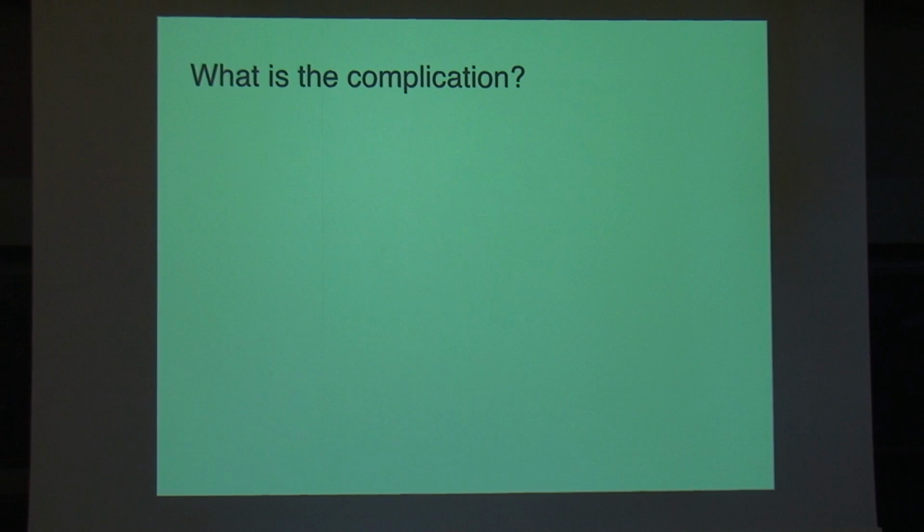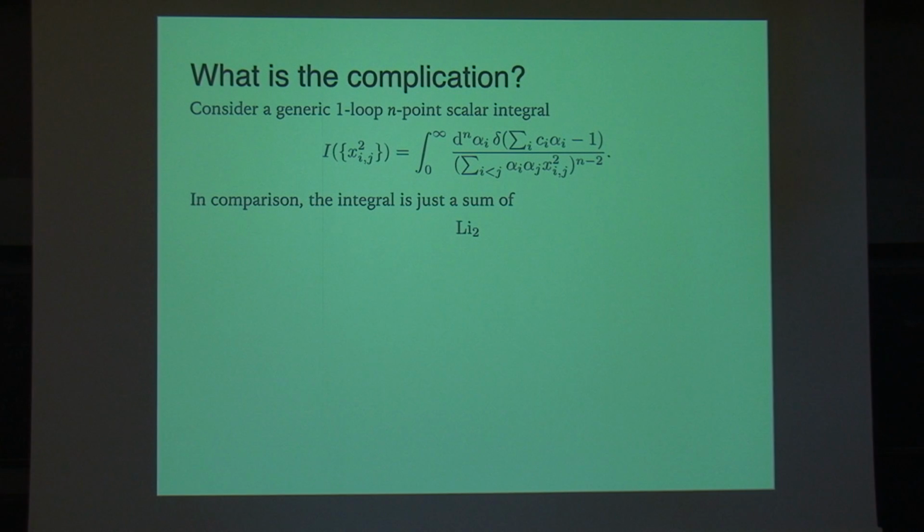And I think the main reason for this complication is also partly mentioned yesterday in Mark's talk. So just to get some sense of this, let's look at this generic one-loop n-point function, the scalar integral. Once we have the Feynman parametrization, although we have a single denominator, it's of a very high power.